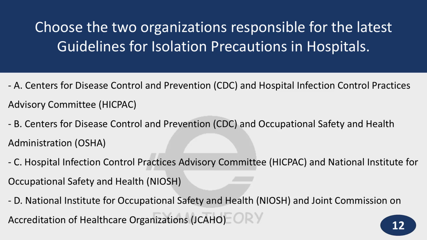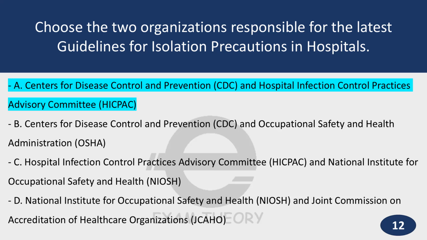C. HICPAC and National Institute for Occupational Safety and Health, NIOSH. D. NIOSH and Joint Commission on Accreditation of Healthcare Organizations, JCAHO. The correct answer is A. CDC and HICPAC.